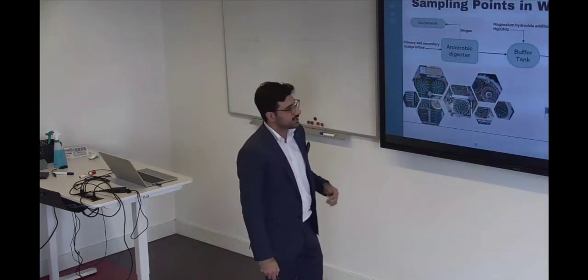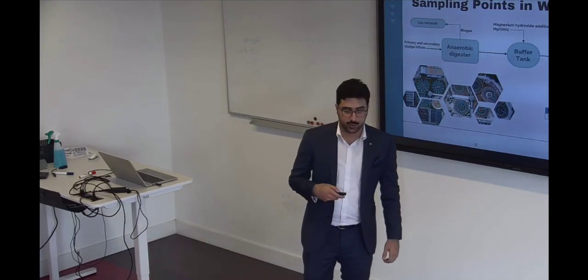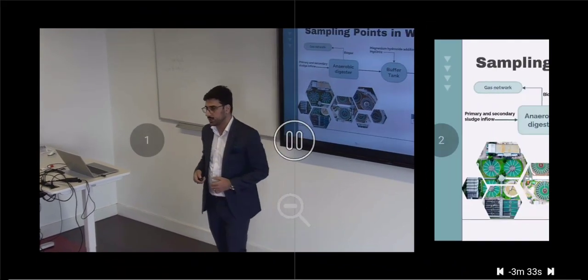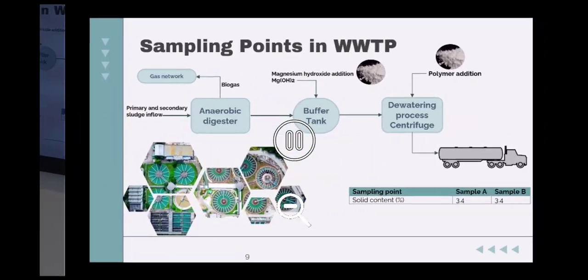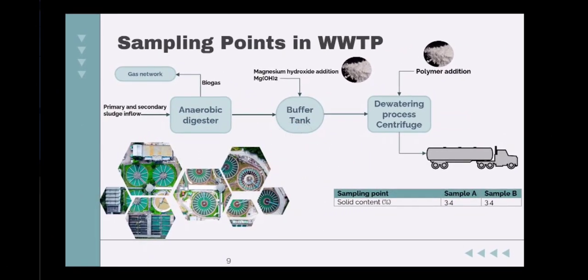So basically I did my research with Delfland Water Authority, and I took my sewage sludge from Harnaschpolder, and this is the sewage sludge treatment process. The wastewater treatment process is a bit complex. It goes to the anaerobic digester from the primary and secondary inflow.